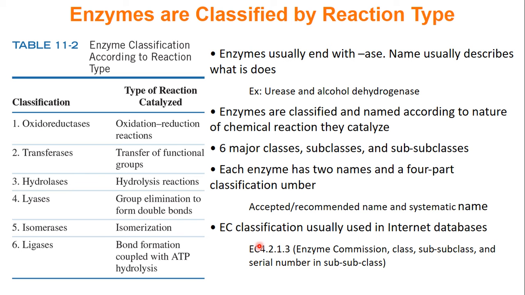You get four numbers. EC stands for enzyme commission, then class, subclass, and serial number. So this is class 4, subclass 2, subclass 1, and then serial number 3.